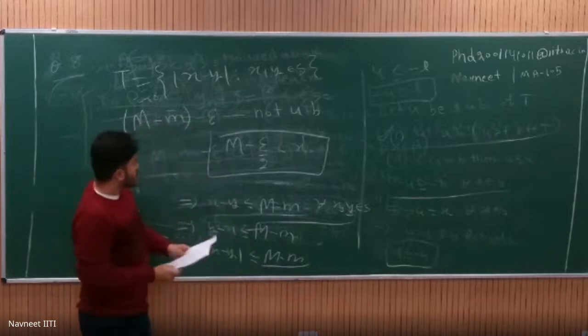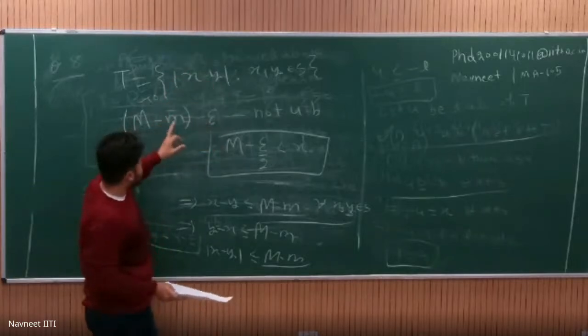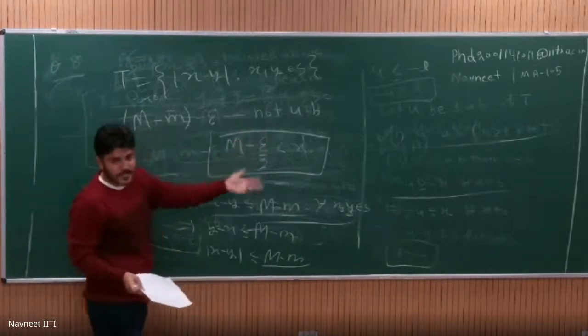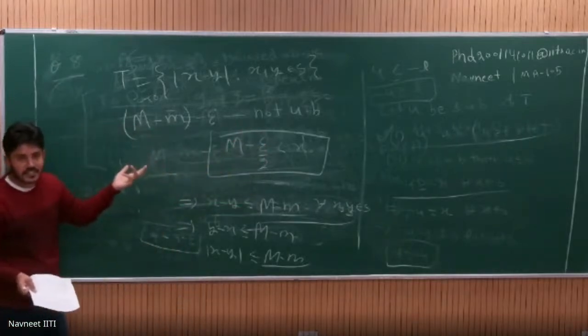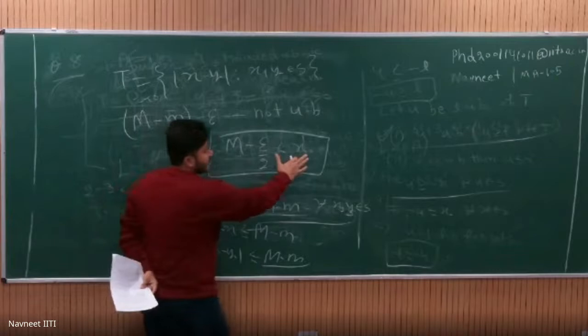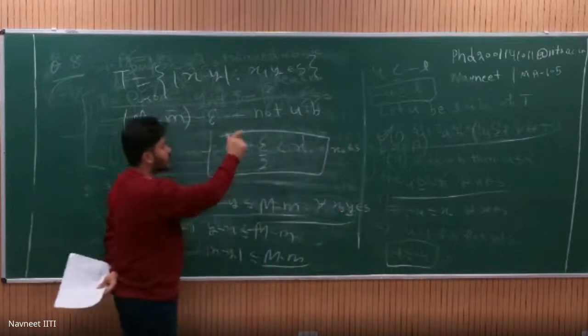Sir, why epsilon by 2? Actually, I want epsilon. I am using epsilon by 2 here because epsilon is any positive number, and epsilon by 2 is also a positive number. Okay. That means M minus epsilon by 2 is going to be less than x naught belonging to S, because M is the supremum for the set S.